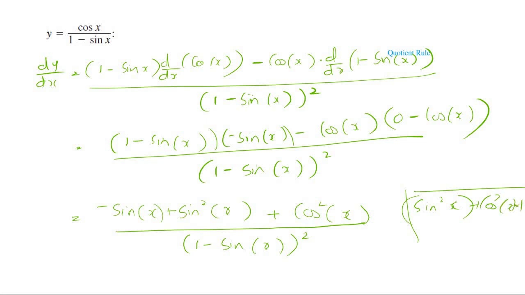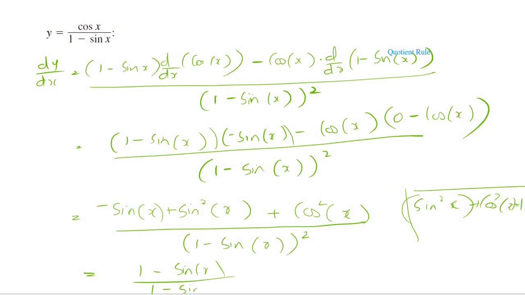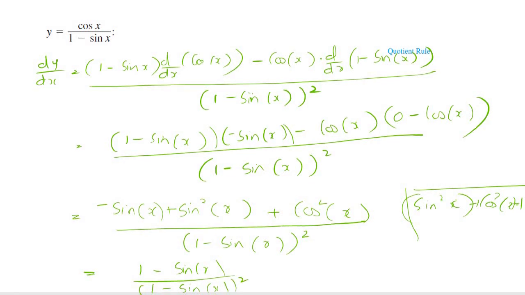So when you substitute that here, we get 1 minus sin x over 1 minus sin x squared. Conveniently, we can cross off this 1 minus sin x with the extra 1 minus sin x. So we have 1 over 1 minus sin x.